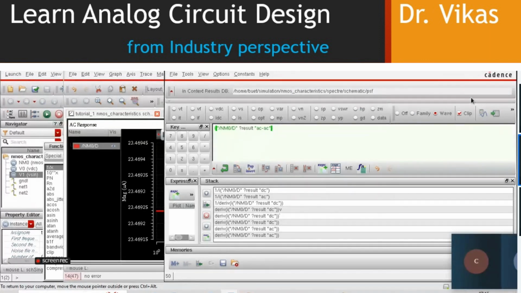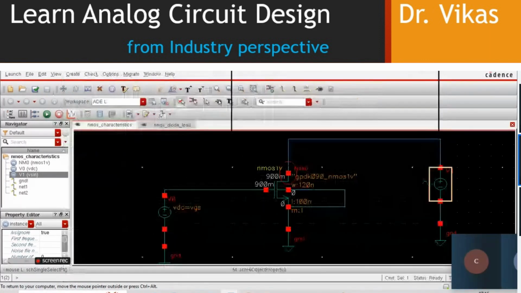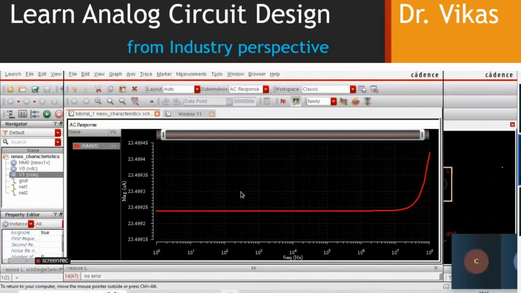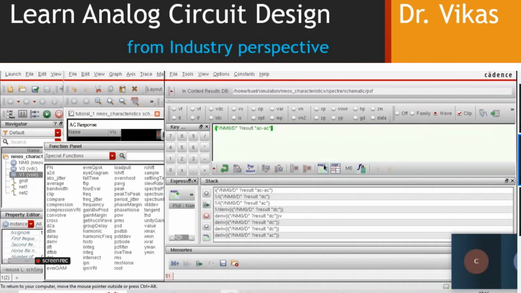Now let us send this particular graph to the calculator, because we have drafted the AC analysis graph. Here also this is the graph of ID versus VDS, and I want the reciprocal of that.